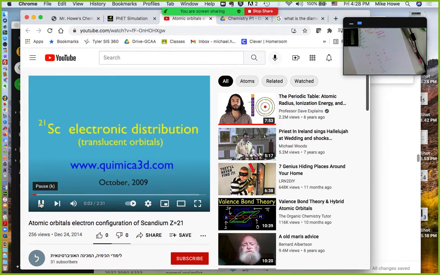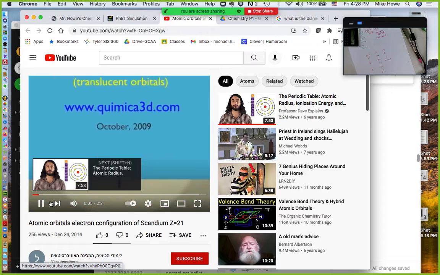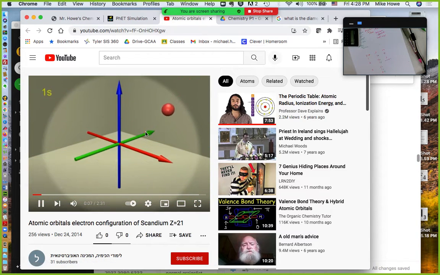So we start with n equals 1, and that's this right here. L would equal 0 when we're talking about an S sublevel. Now we have n equals 2, L equals 0. Then n equals 2, L equals 1, and the x value is the m value.